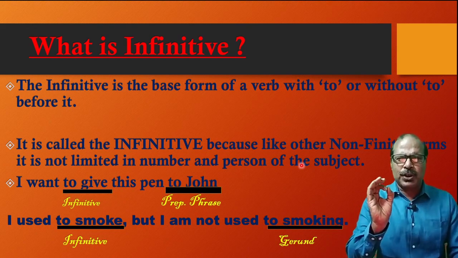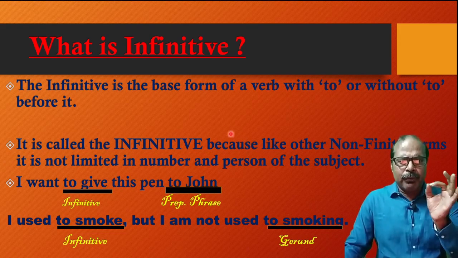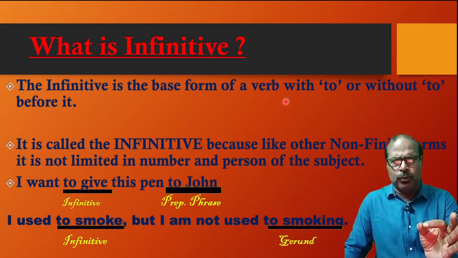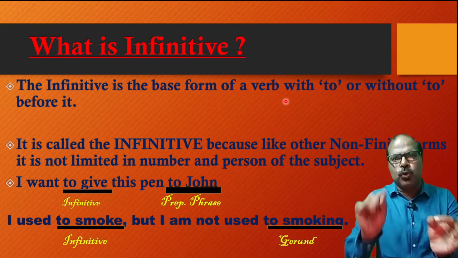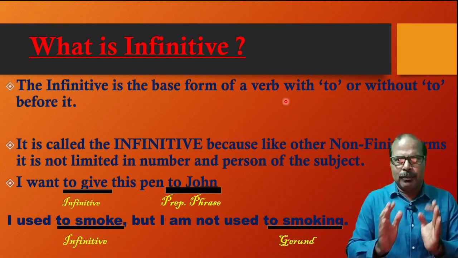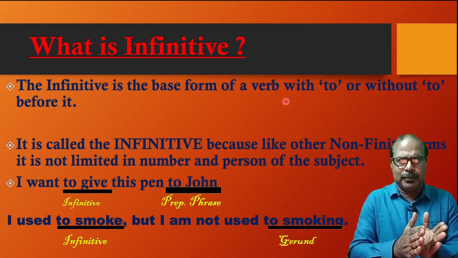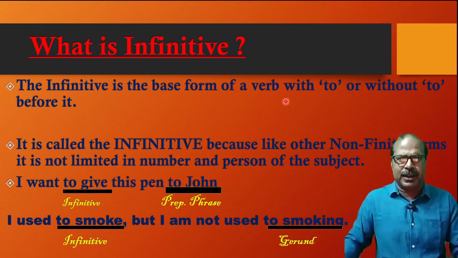It is the most basic form. Infinitive is the base form of a verb with to or without to. To plus verb, the first form of the verb. Sometimes there is no to, and we will discuss that too. That is called bare infinitive or plain infinitive.